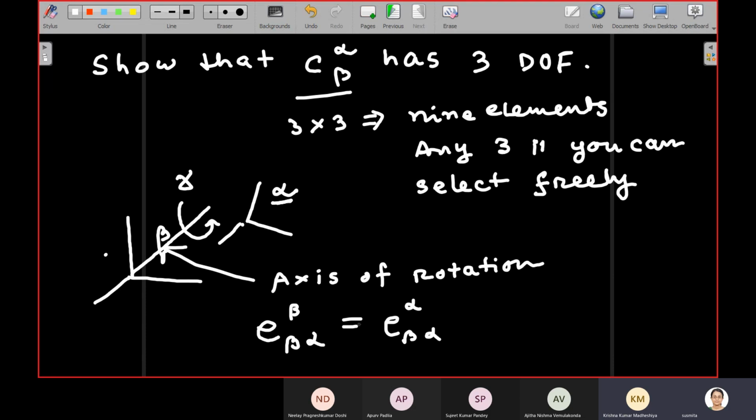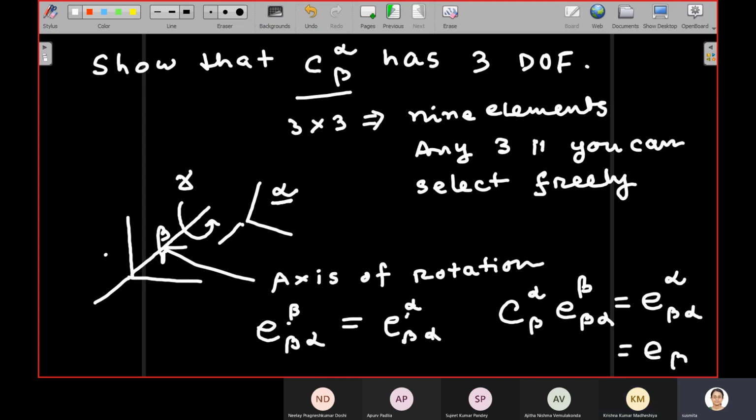So we can write C beta alpha times E beta, resolved in alpha, is equal to, as per definition, E beta resolved in alpha, which is equal to E beta resolved in beta.